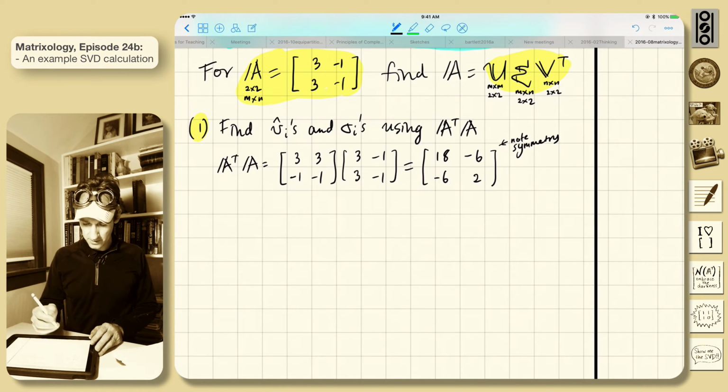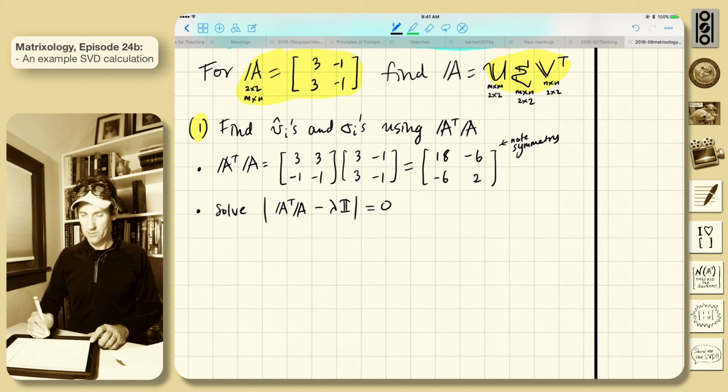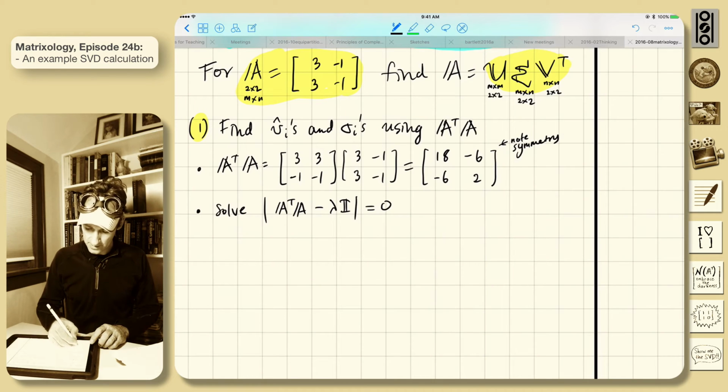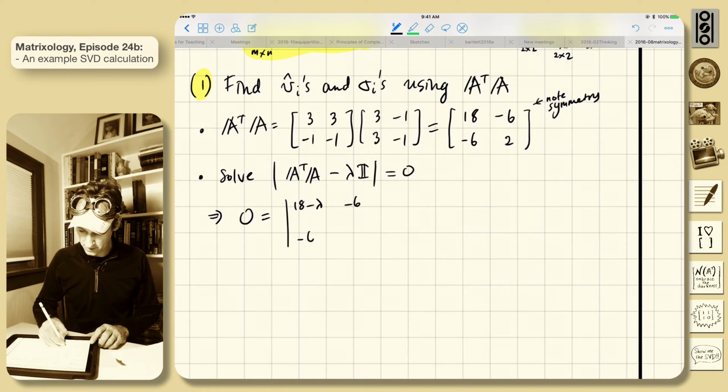So that's the first piece. The second piece is to solve the characteristic equation: A transpose A minus lambda I, set equal to 0. We're subtracting lambda off the main diagonal. So 0 is equal to this matrix with lambdas subtracted off, with the minus 6 still, and 2 minus lambda.